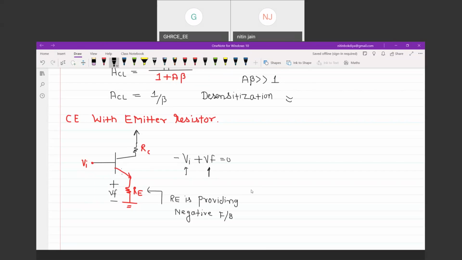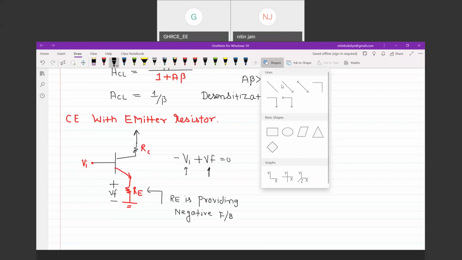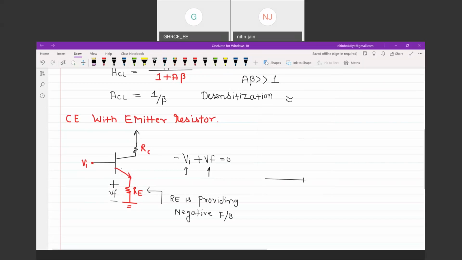Now, what is the gain of this? So I can say the gain of this circuit is given by this. This is alpha into IE. This is RC.